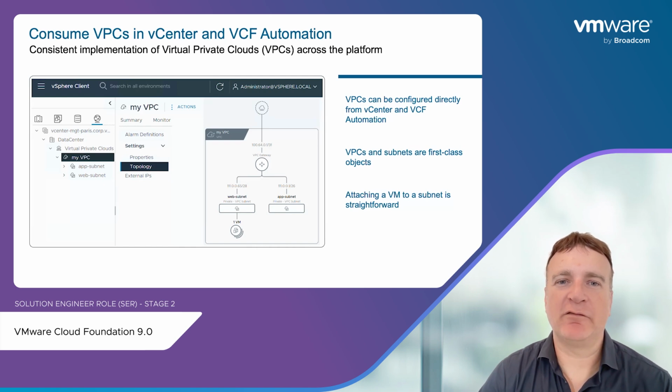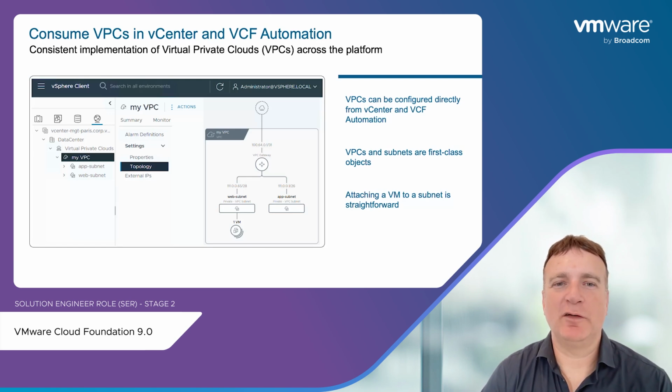VCF Automation leverages VPC objects, and VPCs are now exposed as first-class objects directly within vCenter. By default, NSX creates a default project that is fully configurable by the vCenter admin, who in this case serves as the enterprise admin, project admin, and VPC admin all at once.